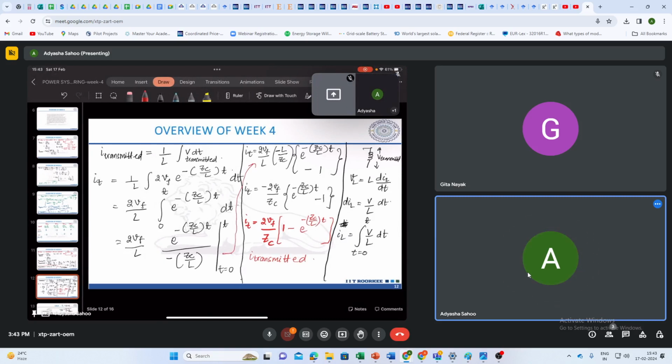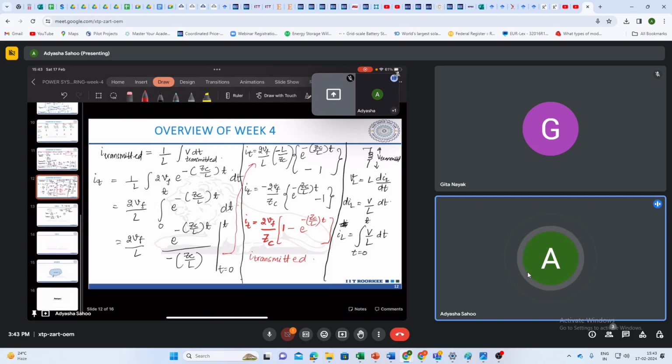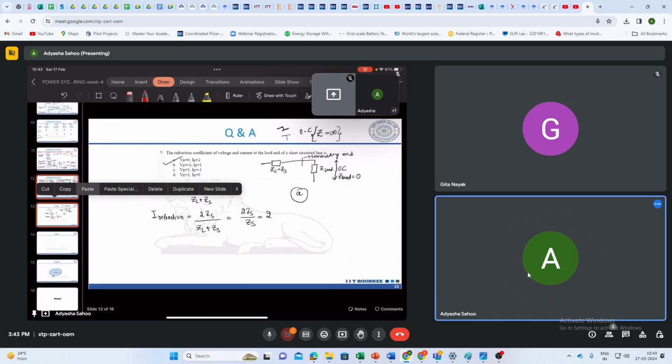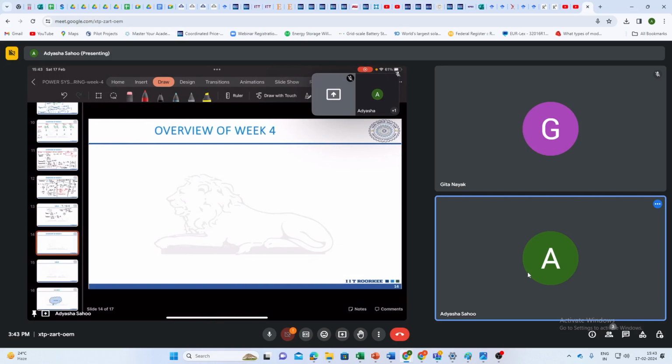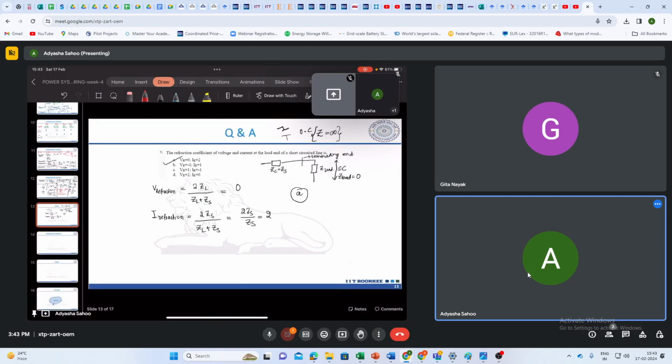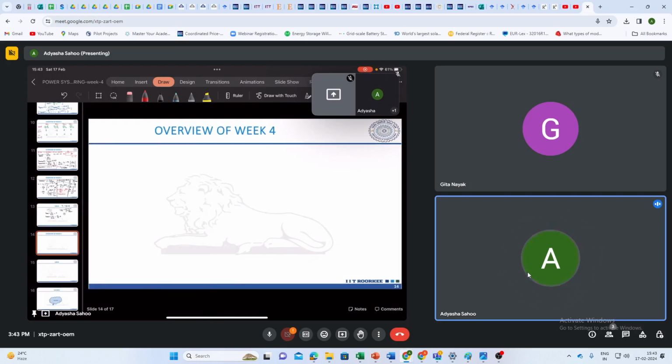So from here, if I then calculate the V reflected, V reflected is your V transmitted minus V incident, or V forward of t.